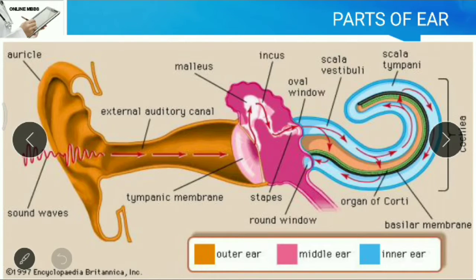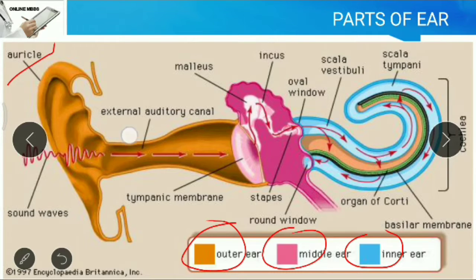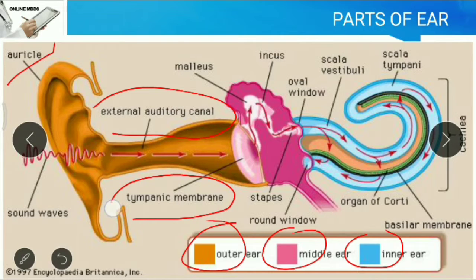And the parts of the ear: you can see here the orange color denotes the outer ear, pink the middle ear, and the blue color denotes the inner ear. In the outer ear comes the auricle and the external auditory canal, and the tympanic membrane.